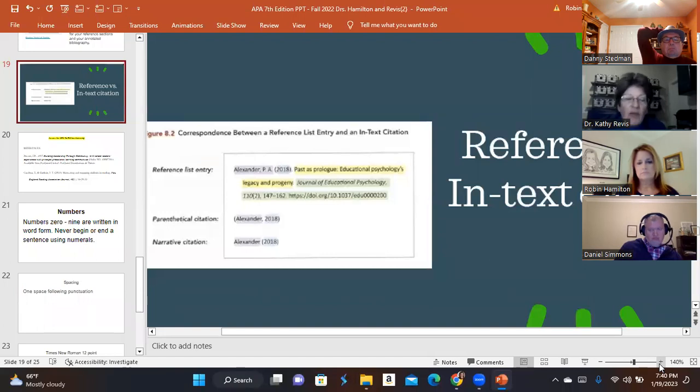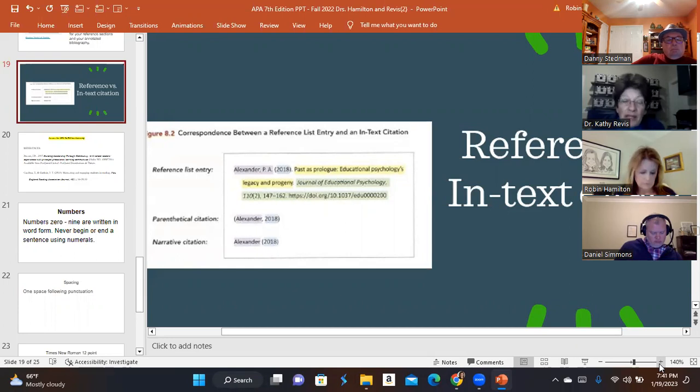So for every in-text citation, you have a reference for that. And references have their own unique way to be formatted. You will see the author's last name, comma, first and middle initial, parentheses, date, and then a period.